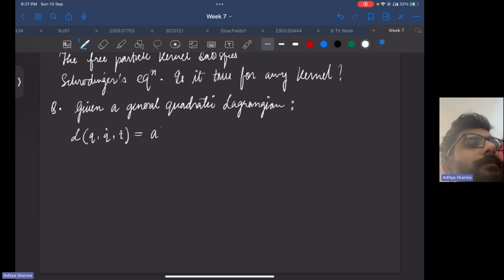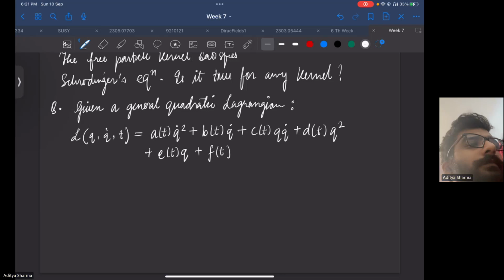And we have A(t) q dot square plus B(t) q dot q plus C(t) q dot plus D(t) q square plus E(t) q plus F(t).